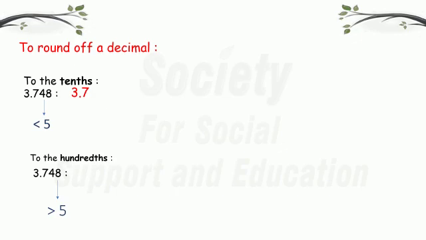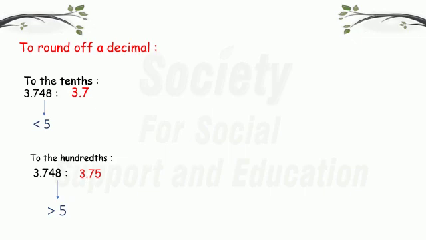Then we round this number as 3.75. Why 3.75? Since this number is nearest. If we look at 3.74 and 3.75, 3.748 is nearest to 3.75.